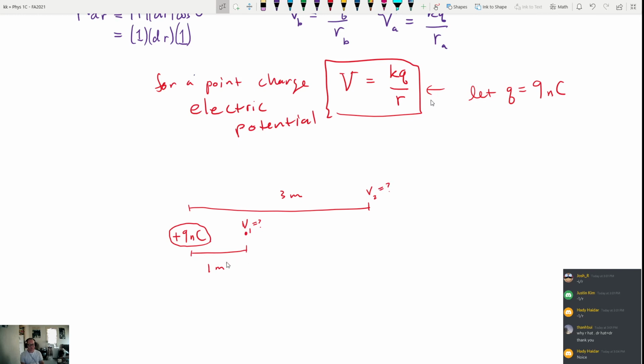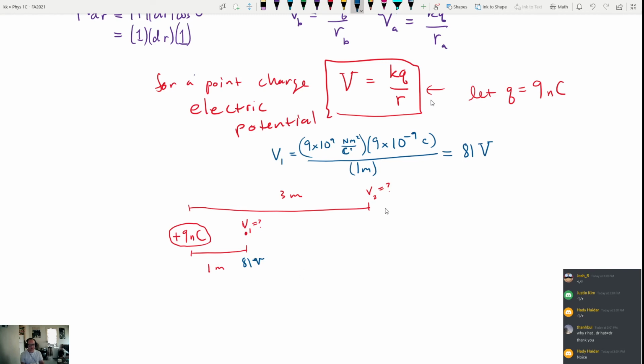Okay, 1 meter away, 3 meters away. According to my definition right here, V1 would be equal to K, which is 9 times 10 to the 9, times Q, which is 9 times 10 to the negative 9 coulombs. And we would divide by the distance, which is 1 meter. You don't square it in this case, you just divide by 1. So we're going to get 81 volts.